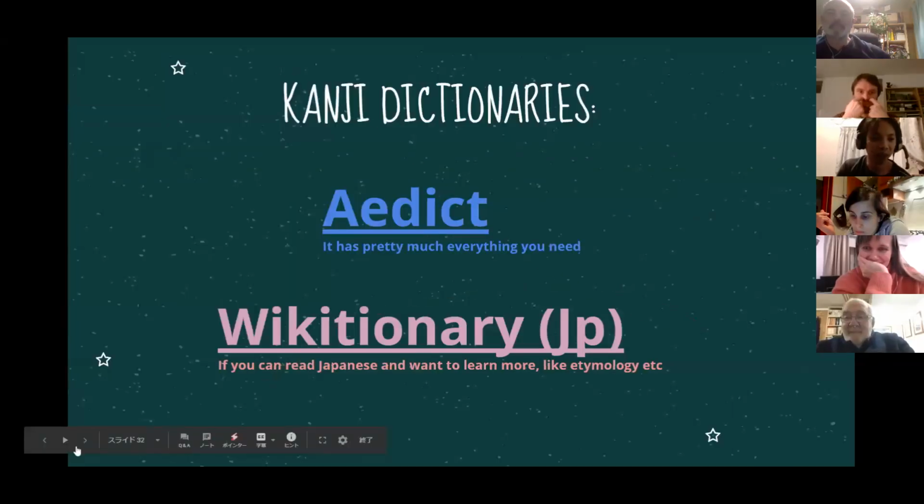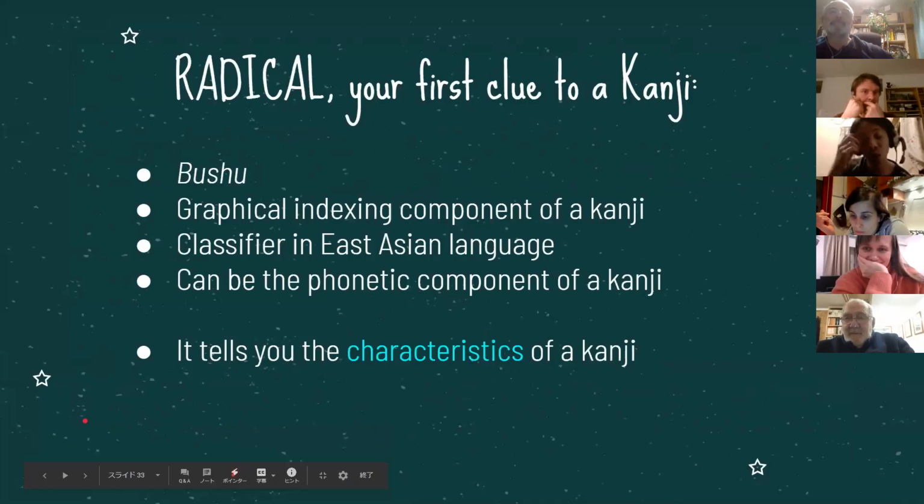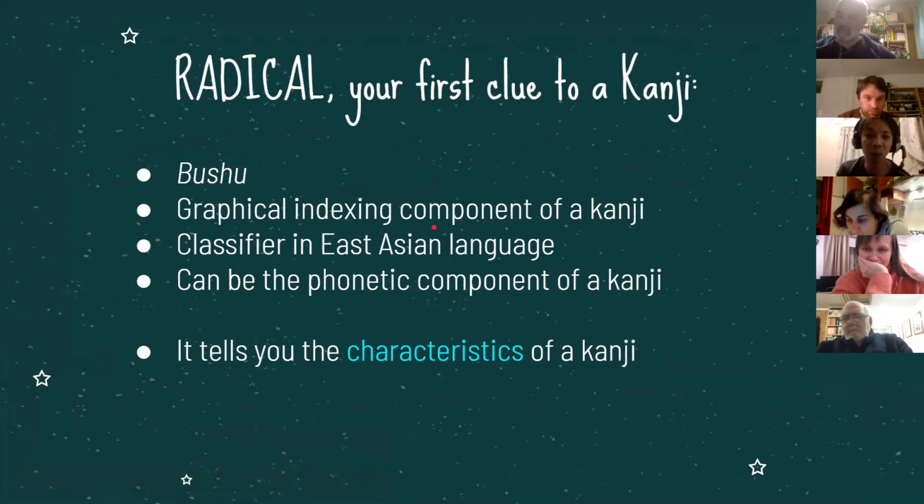So, and then I am going to show you how to read a kanji from its radical, and then you can guess its meaning. So, radical, it's called bushu in Japanese. It's the graphical indexing component of a kanji, and it serves as a classifier in East Asian languages.